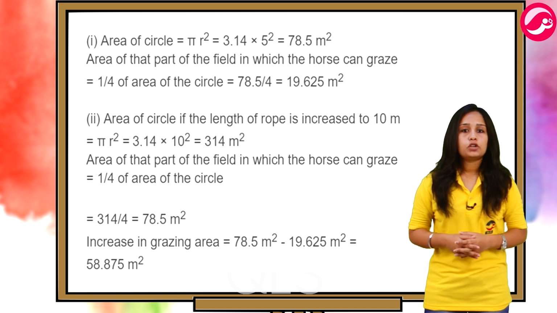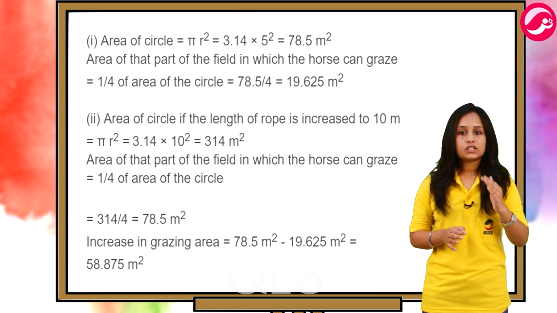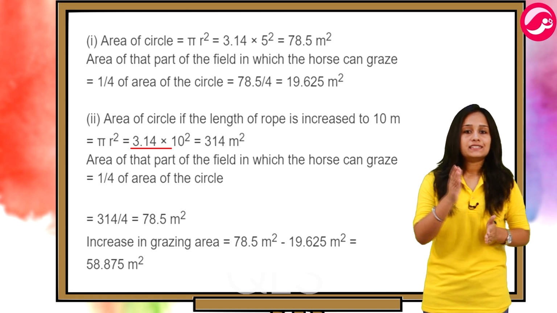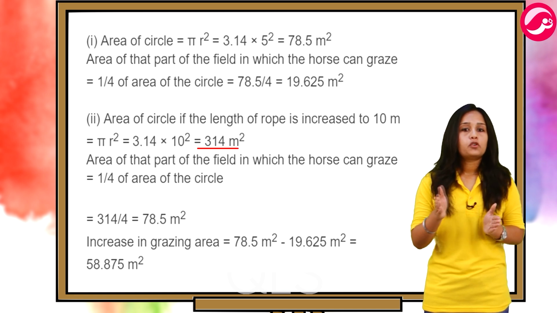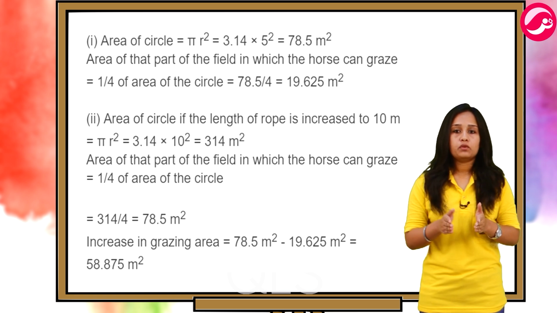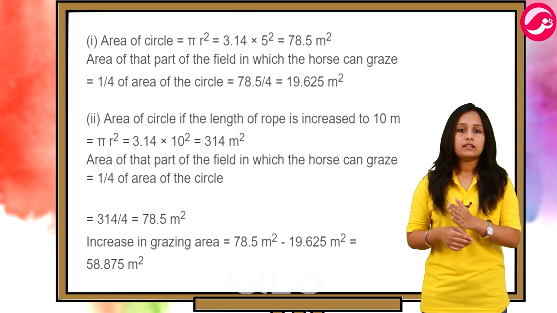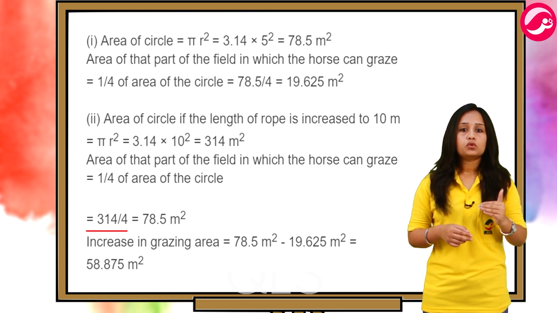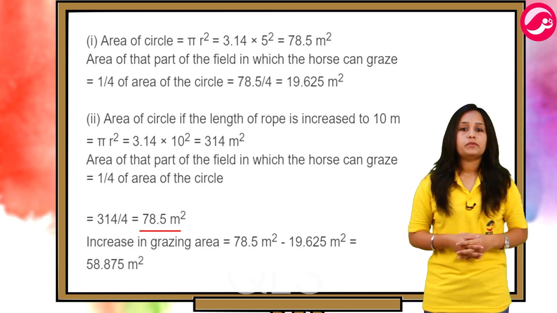Now, for the second part of the problem, area of circle if the length of rope is increased to 10 meters will be equal to pi r square equal to 3.14 into 10 square, which is equal to 314 meters square. Therefore, area of that part of the field in which the horse can graze will be equal to 1 by 4 of area of the circle, that is equal to 314 by 4 or 78.5 meters square.